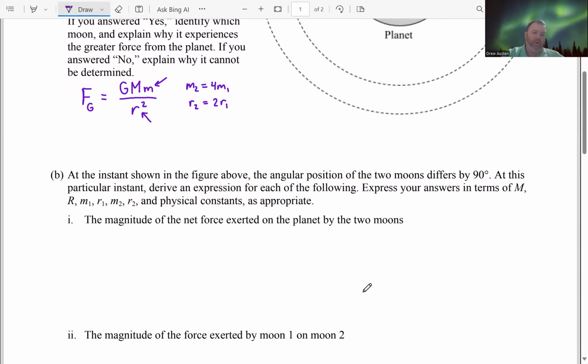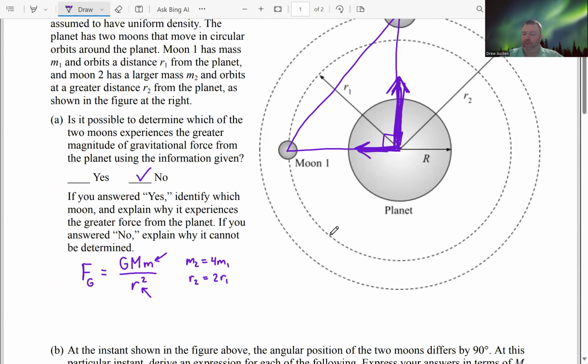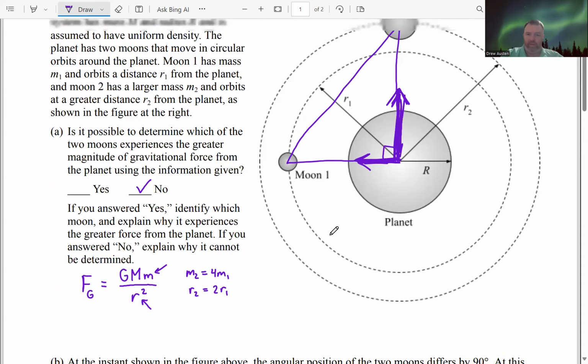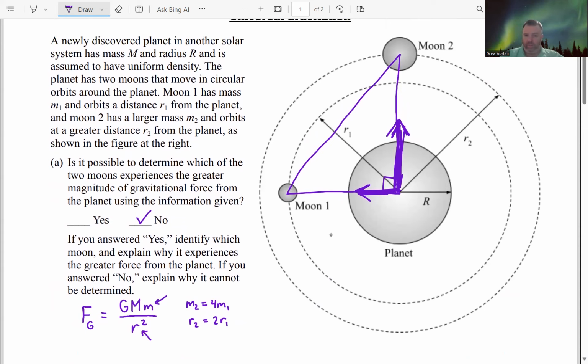So in part 1 of part B, we want to find the magnitude of the net force exerted on the planet by the two moons. That's going to be the magnitude of this force going up, which we'll call the gravitational force on the planet from Moon 2, and then the gravitational force on the planet from Moon 1 down here.